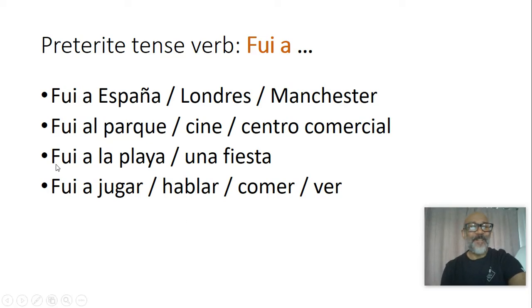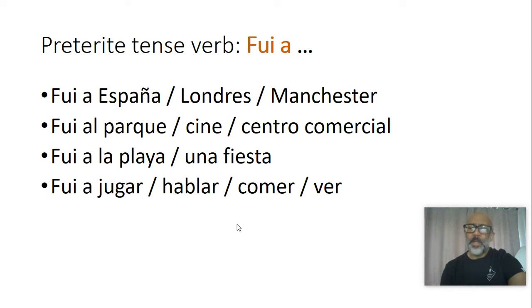Sí, fui a la playa. ¿Cómo se dice en español? I went to France. Fui a Francia. If you can remember, France is Francia.